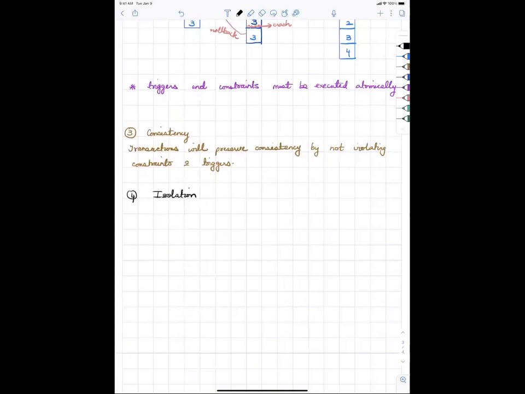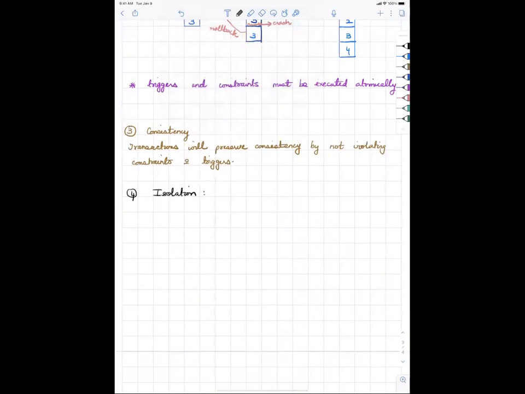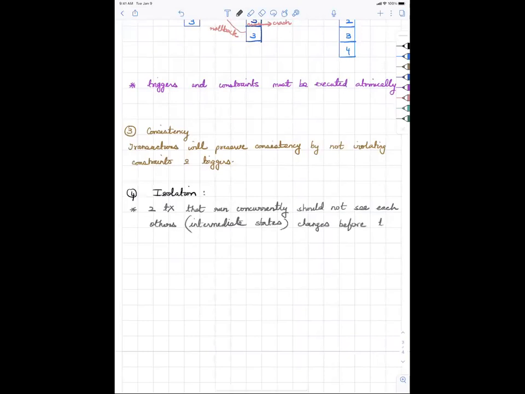I spoke about it yesterday with the banking example, but I want to go a little more into it. So isolation states that two transactions that run concurrently should not see each other's intermediate states, or changes, before the transactions complete.